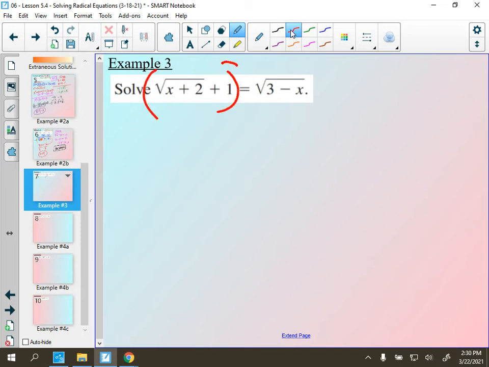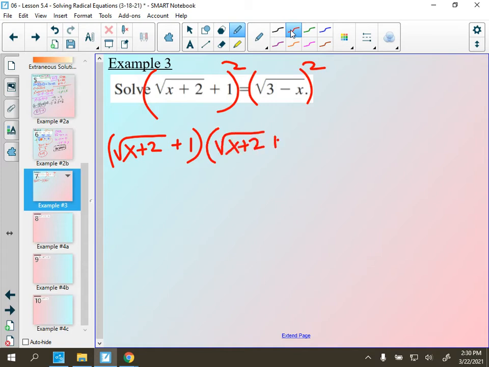We're basically at a spot where we got to square both sides. All right, let's get rid of those square roots. On the left side, just like we saw a little bit earlier, I need to take the square root of x plus 2 plus 1 times the square root of x plus 2 plus 1. So this is what makes this one kind of a beast, in that when I go to FOIL this, the square root of x plus 2 times the square root of x plus 2 is just x plus 2.